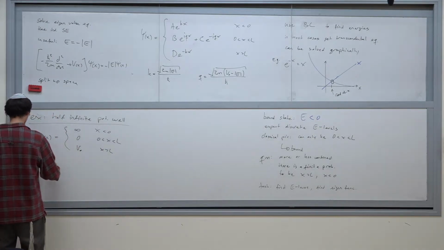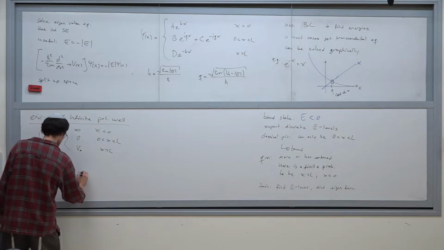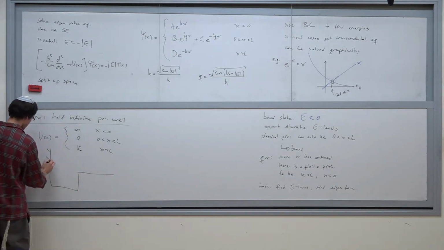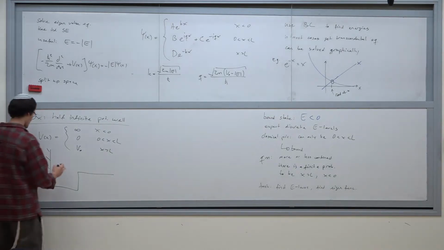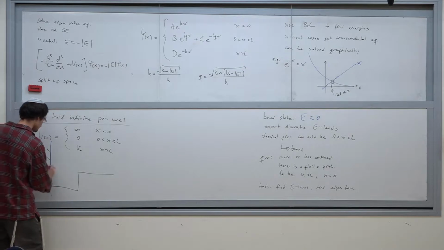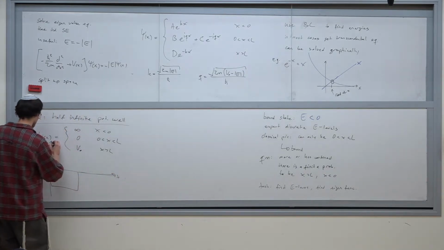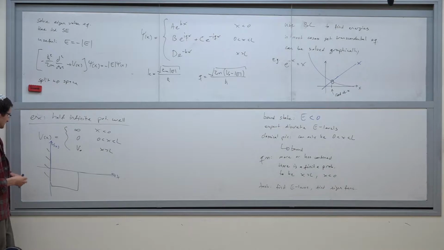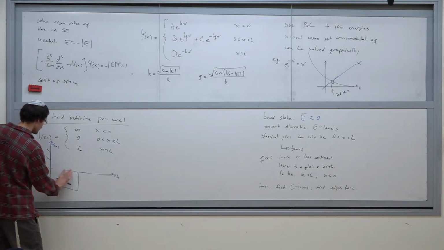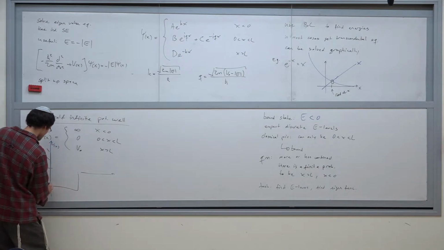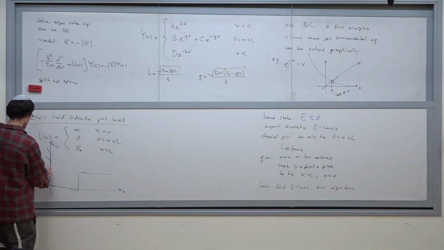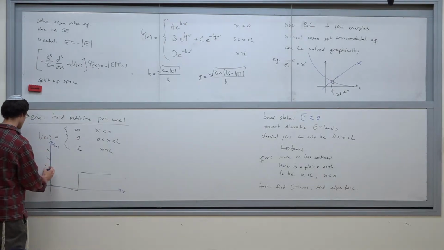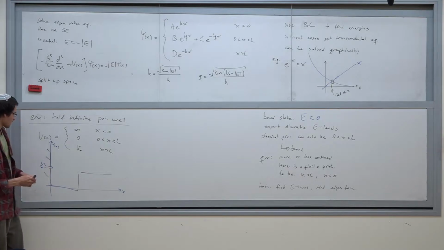So make a plot of this well. This is the x-axis. This value here is V0. Okay, so this is what we're looking at.